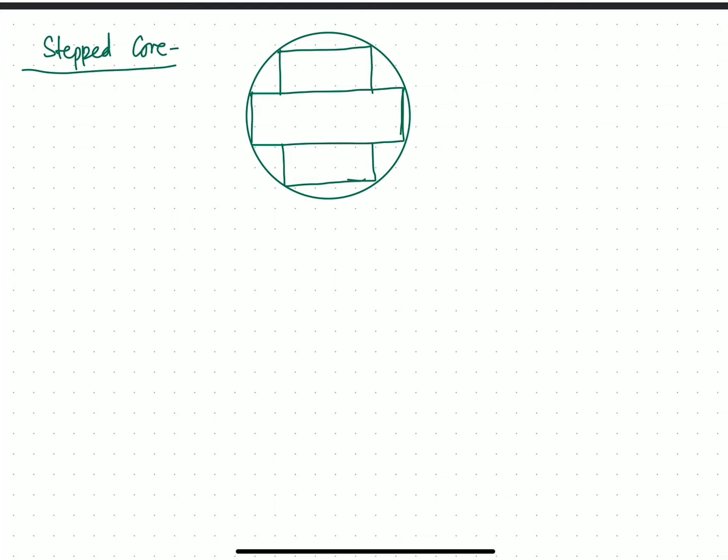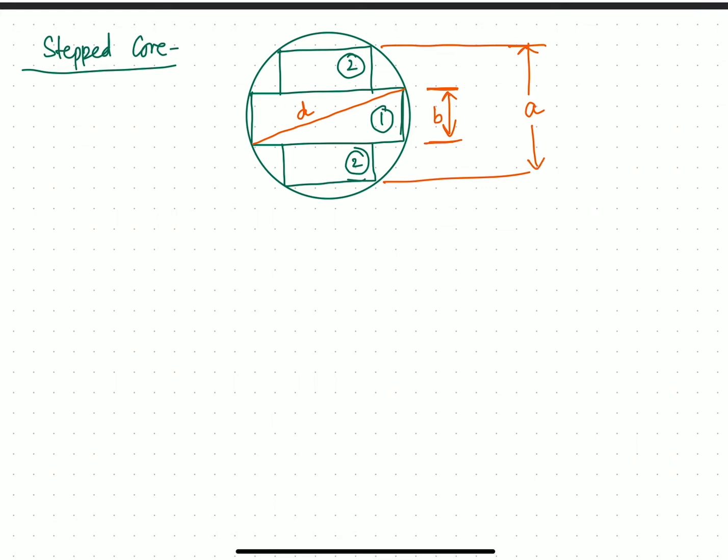So this is part 1, and this is part 2. In this part we have the diagonal D. This has the width B, and this length is A. So this is a stepped core.